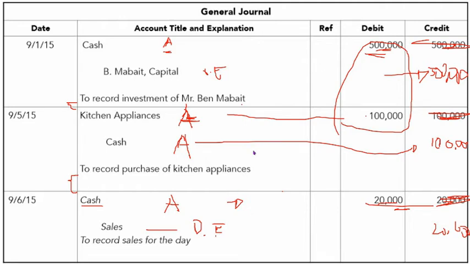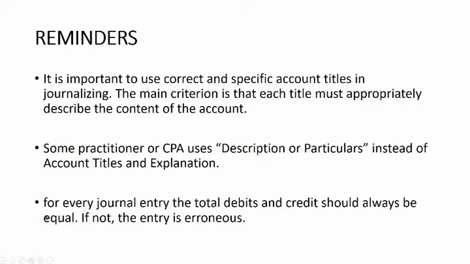So, upon entering journal entry transactions, we should be reminded of the following. First, it is important to use correct and specific account titles in journalizing. The main criterion is that each title must appropriately describe the content of the account.